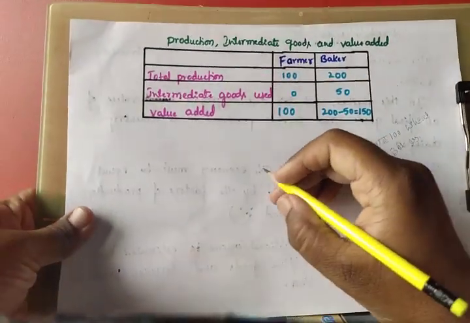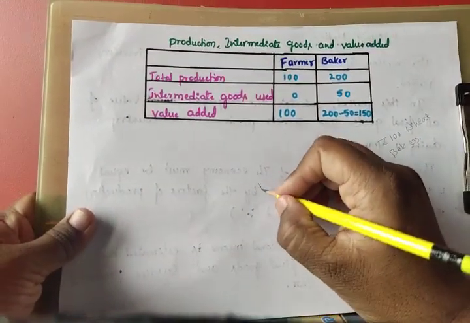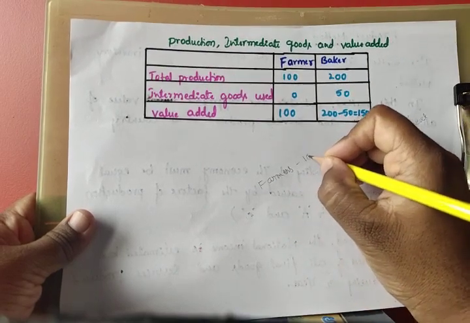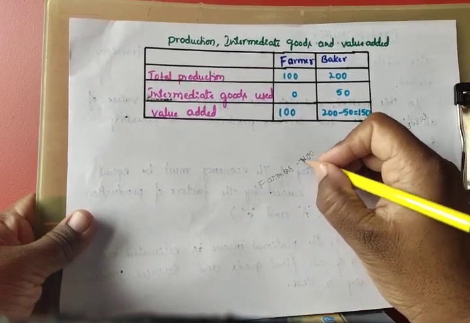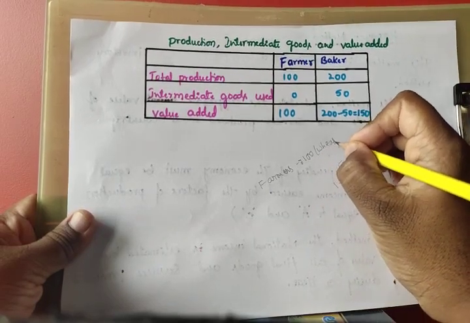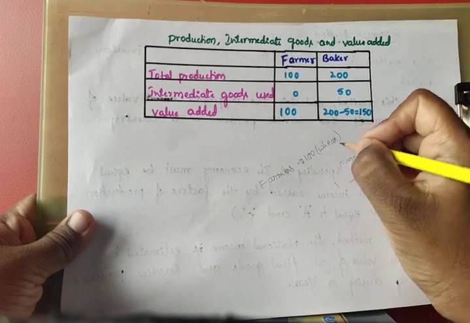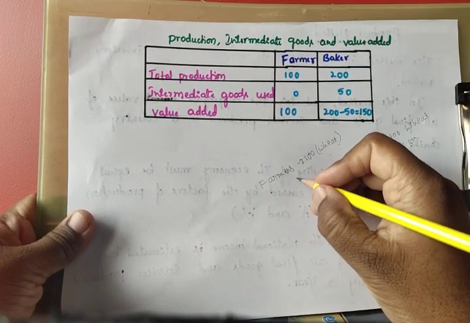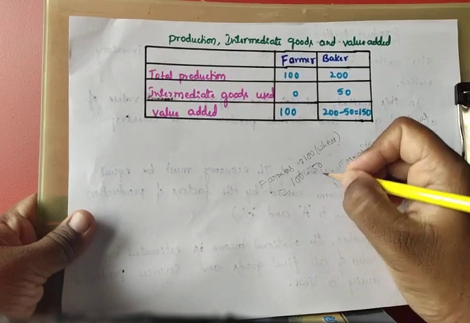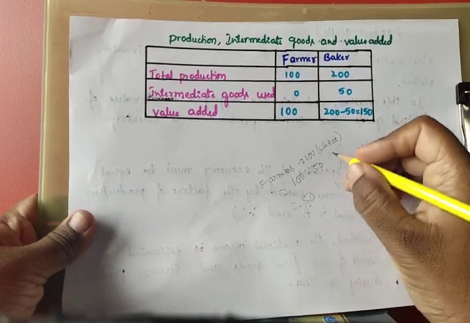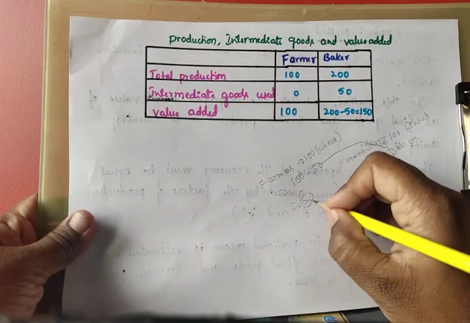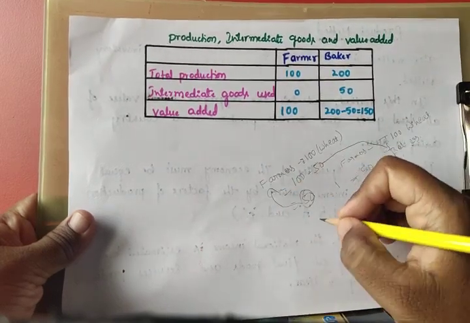Okay, so farmers producing wheat worth rupees 100. Out of this, 50 they are selling to the bakers, remaining 50 they are keeping themselves.